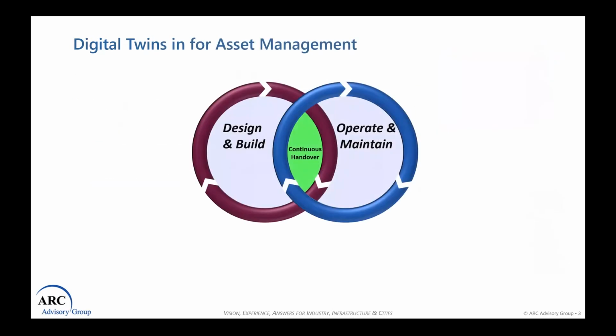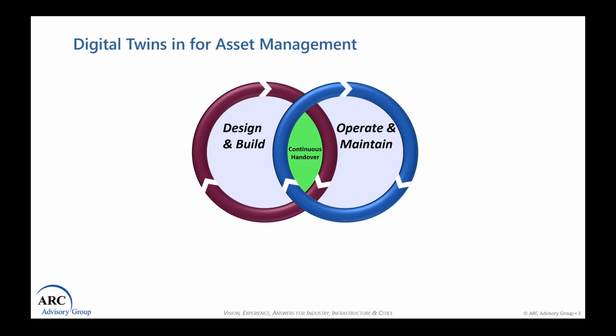Now, in the industrial sectors, we have two types of digital twins for asset management. And in each one of these circles are business processes that are associated with that function.